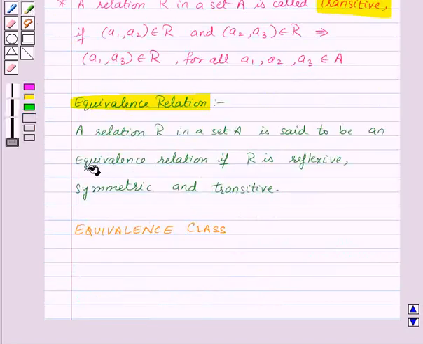Now let's move on to our next topic, equivalence class.